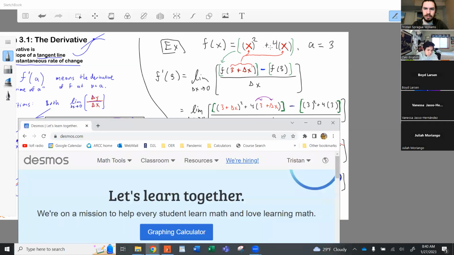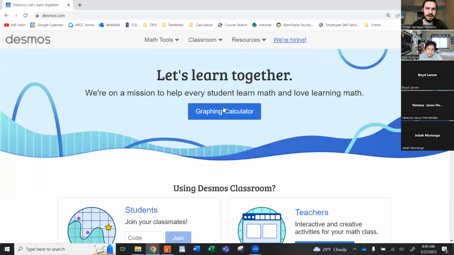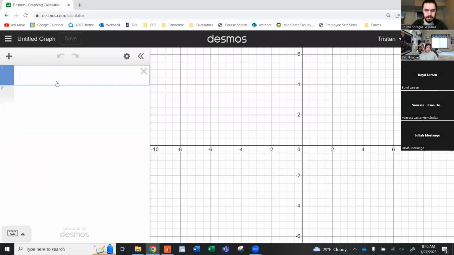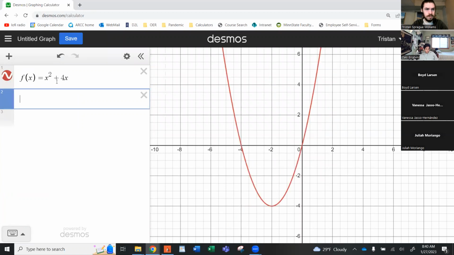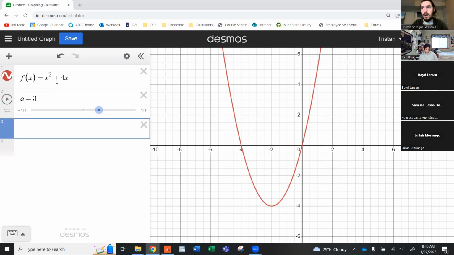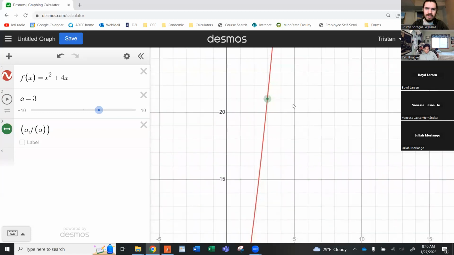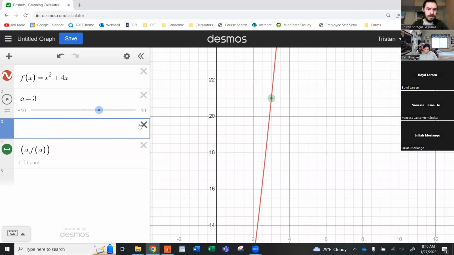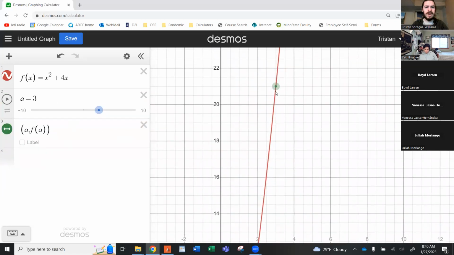Okay, so this function was x squared plus 4x, and we were doing a equals 3, right? Okay, so I can graph the point a comma f of a so that I can see the point on the graph. There's the point on the graph, a comma f of a, right? A is where a is 3. We don't allow that to change. Okay, so that point right there, that's the point where I want to do a tangent line.